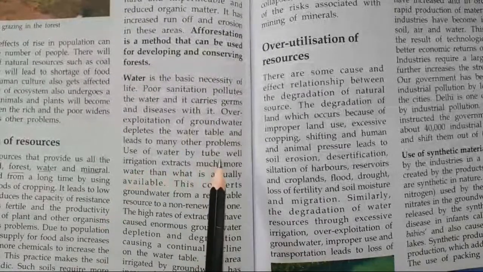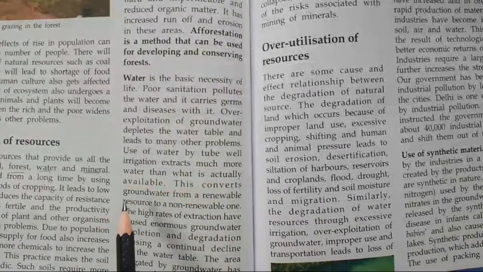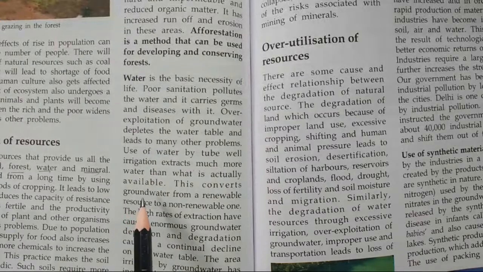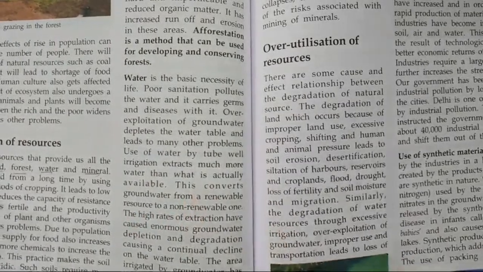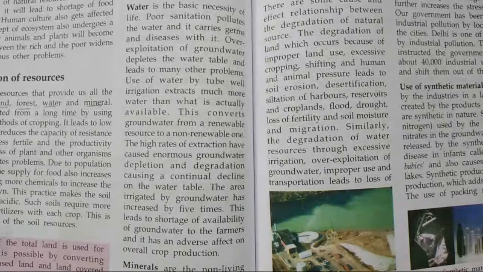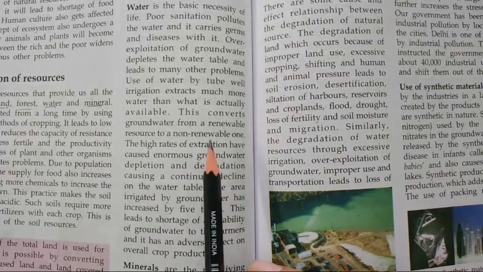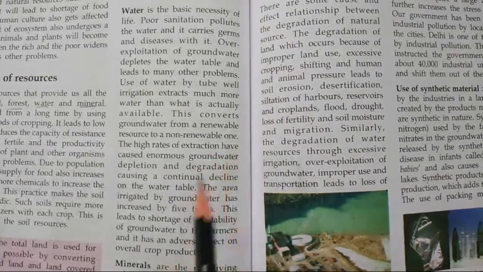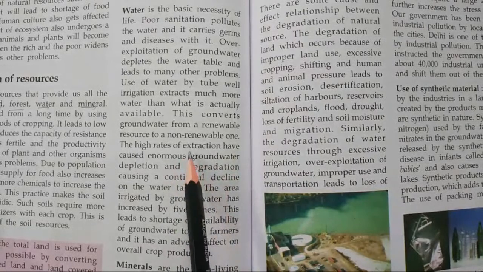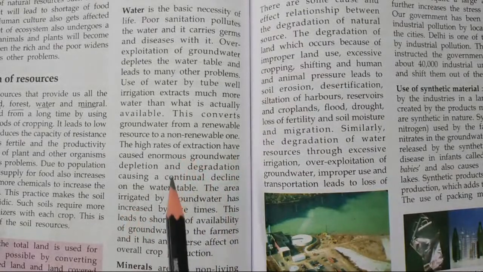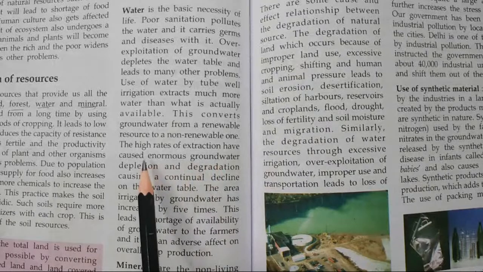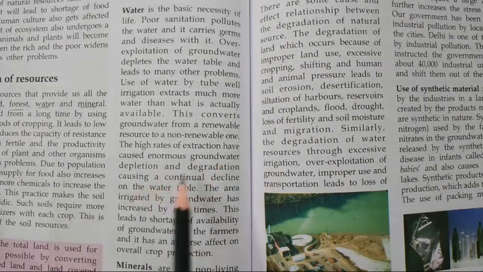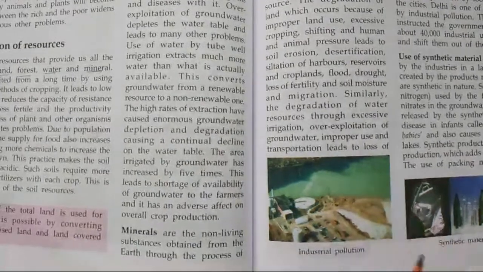Use of water by tube well extracts more water from the ground, and therefore the underground water level goes down. Water is considered renewable, but it becomes non-renewable because it cannot be replaced in the soil quickly. A huge rate of extraction causes enormous groundwater depletion, and it makes the water level decline.